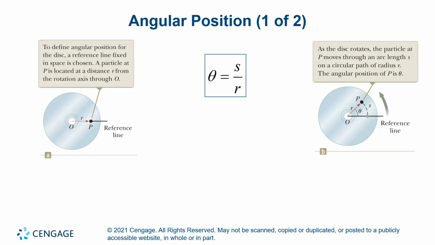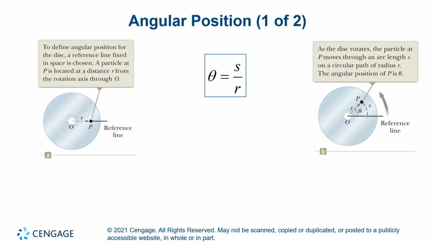I'm sure that you remember the polar coordinates, right? So point P, we can represent its location, or its angular position, in terms of polar coordinates, r and theta. R is the distance from the origin to point P, and theta measures counterclockwise from some reference line fixed in space.